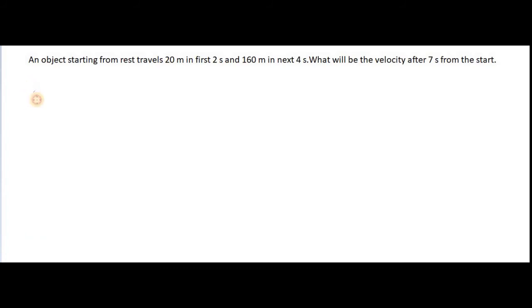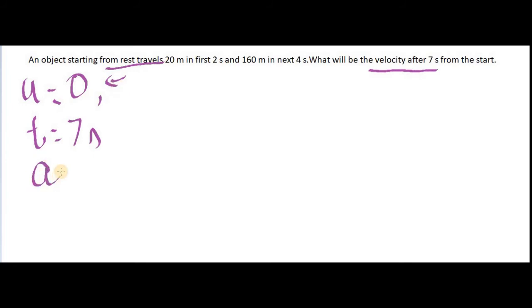So u would be what? 0 initial velocity, and t would be 7 seconds. We have to find the velocity after 7 seconds. The object started from rest, so u would be 0. And the acceleration in both of them we found as 10 meters per second square.